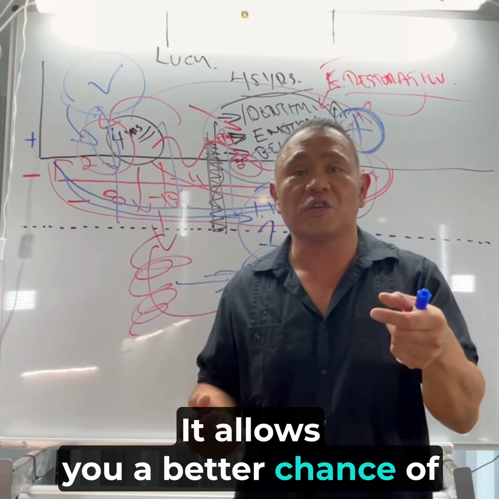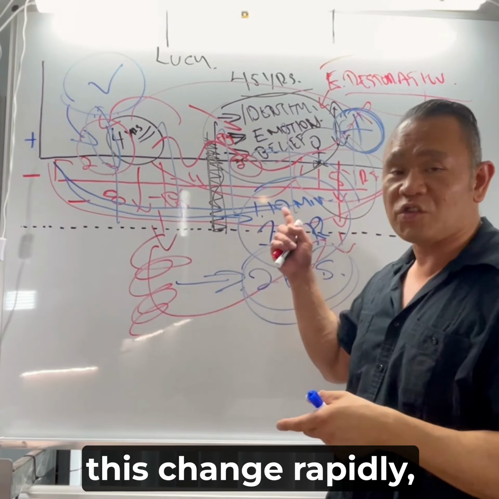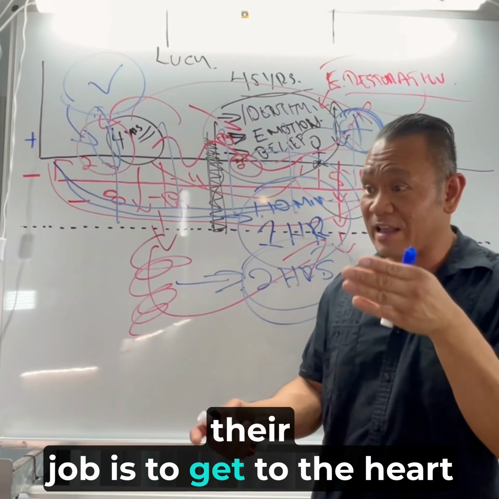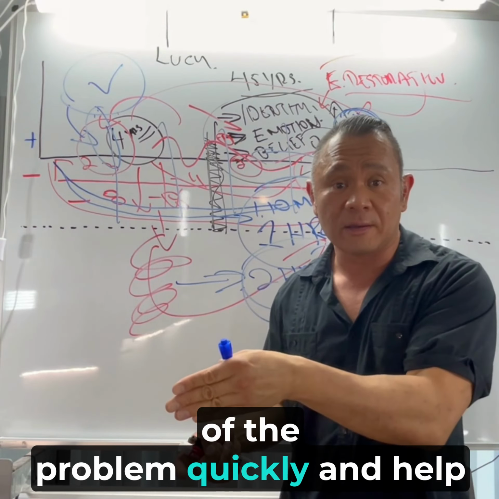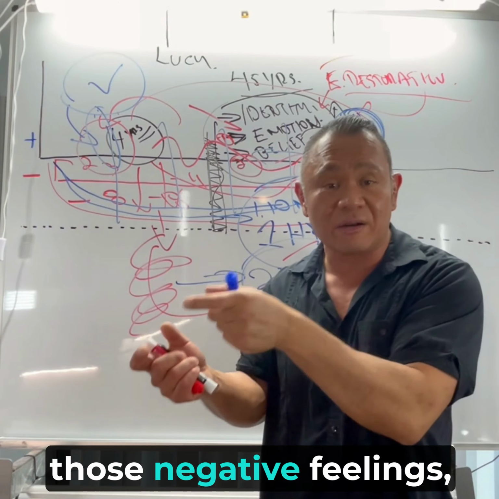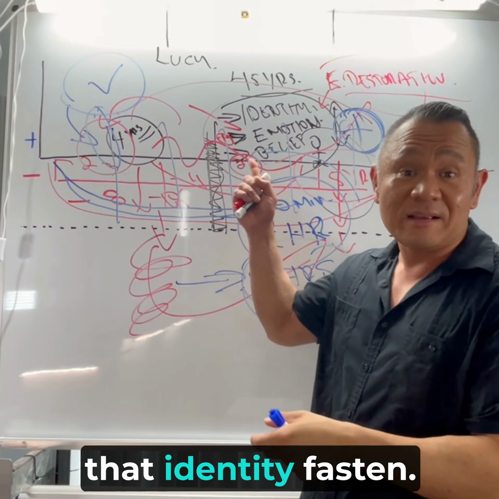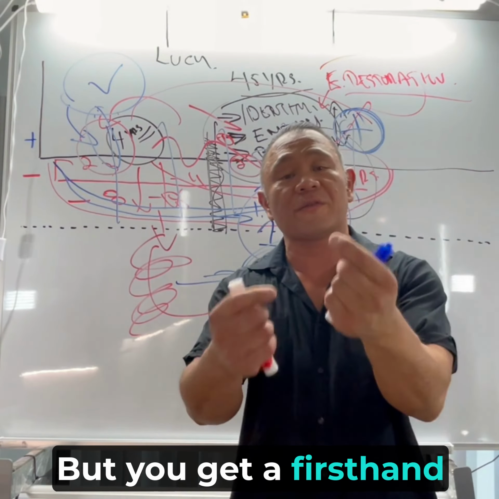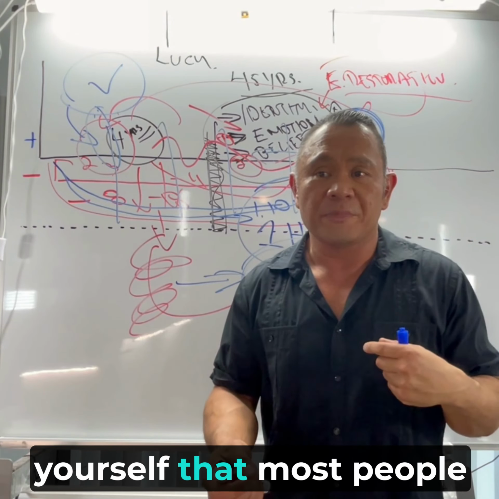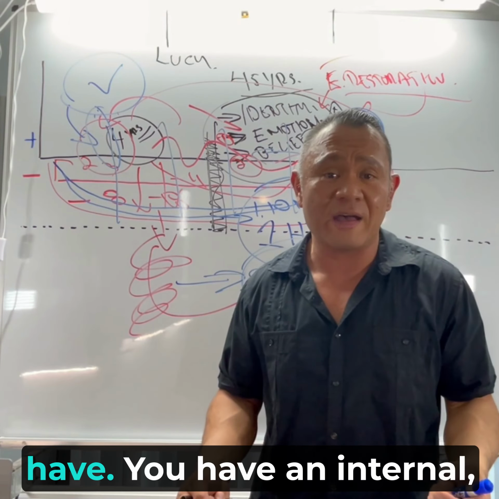It allows you a better chance of not only experiencing this change rapidly, because the practitioner's job is to get to the heart of the problem quickly and help you reformat or reshape that belief, those negative feelings, that identity fast. But you get a firsthand experience of knowing that you have something inside of yourself that most people probably never told you you have.